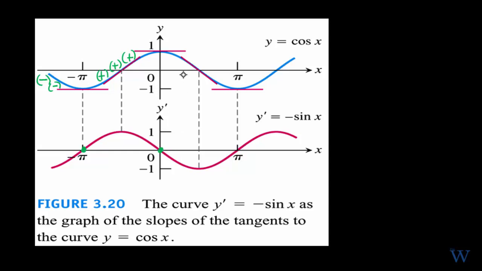And then of course these are all negative slopes. And what does that tell us? From 0 to pi, your derivative function should be negative right there. And then we hit another horizontal tangent, so that's another 0, until we go further, and those are positive slopes right here, which makes the graph positive as well for the derivative function.